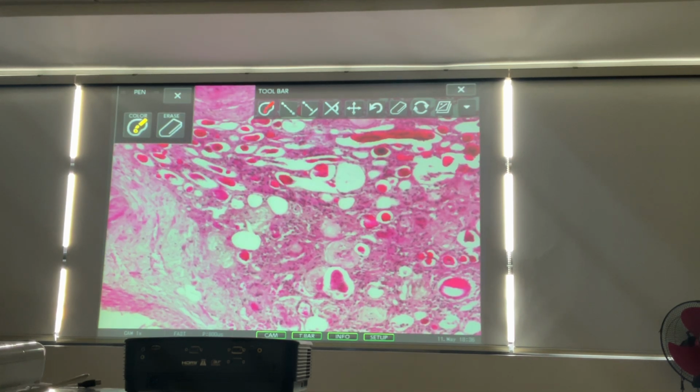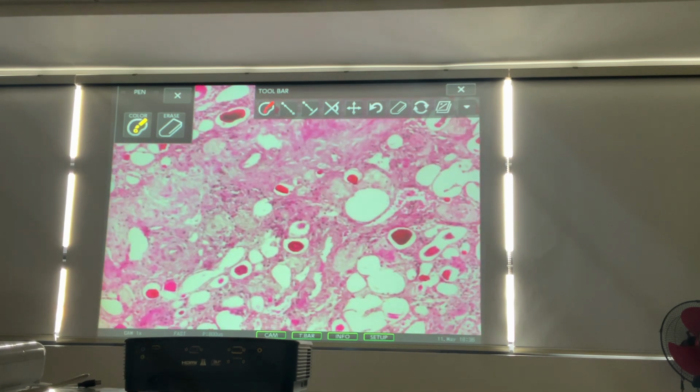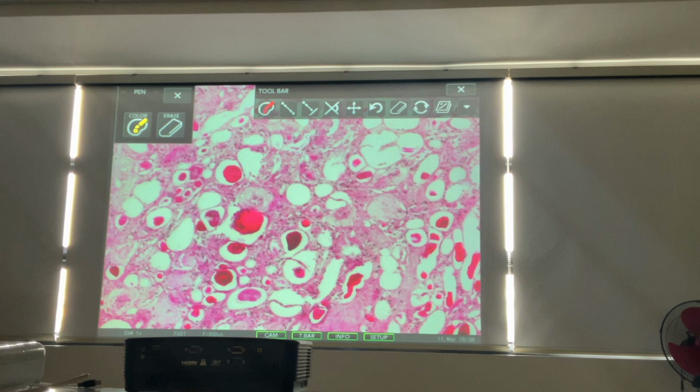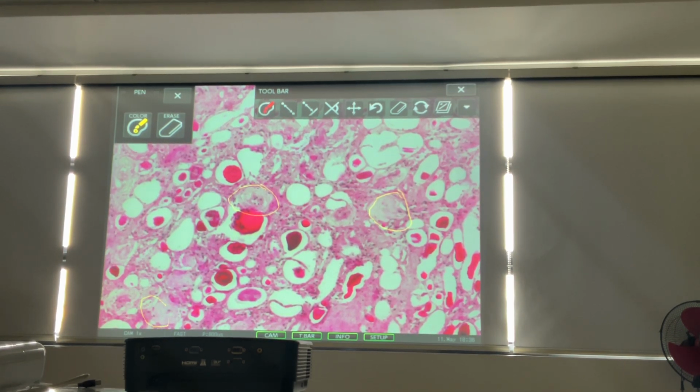You can also add hyalinization of your glomerular structures, but those 4 are the most important ones. Here again, you can see more hyalinized glomerular units.